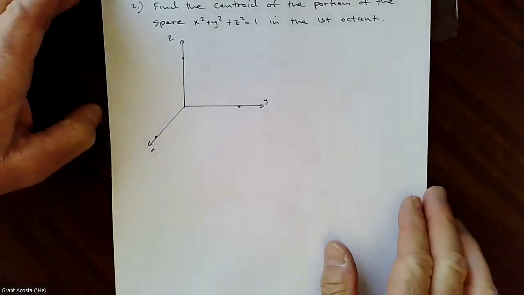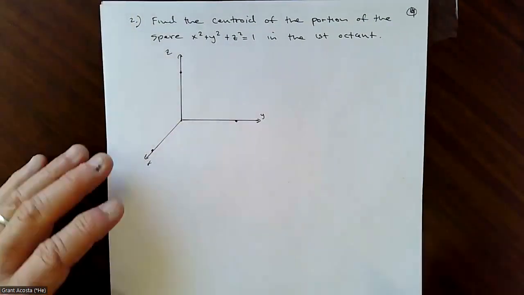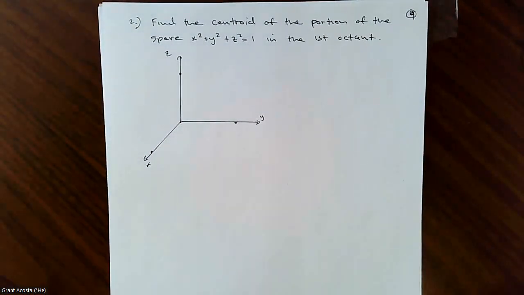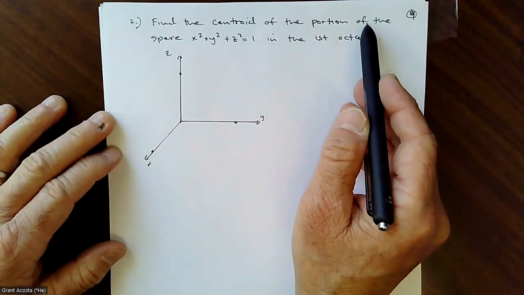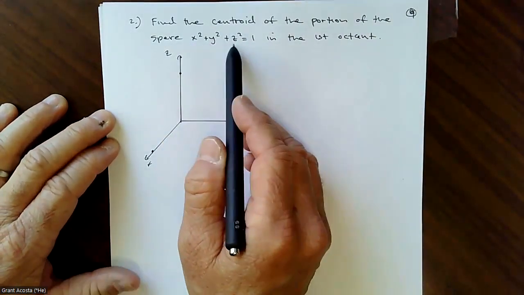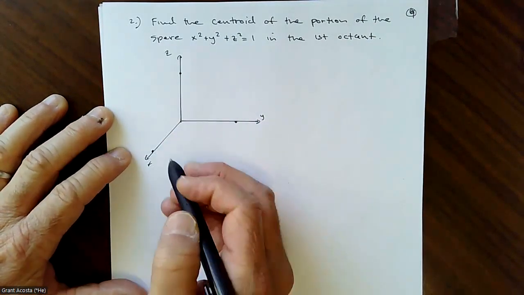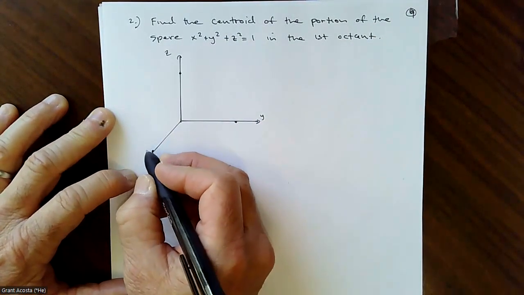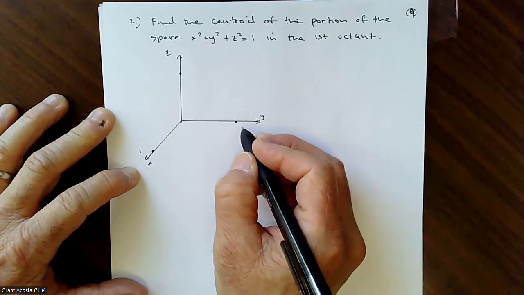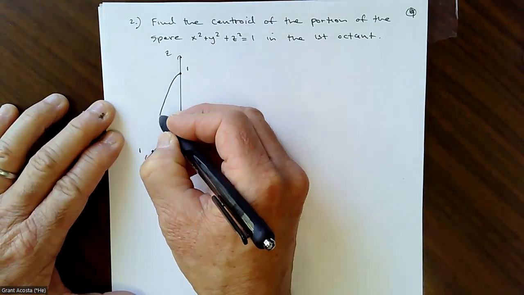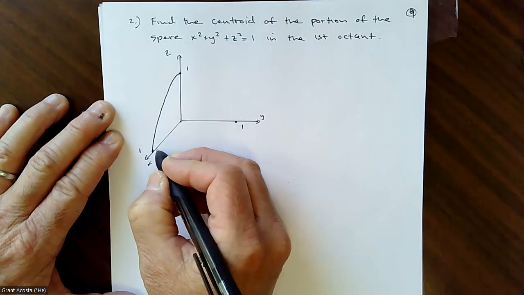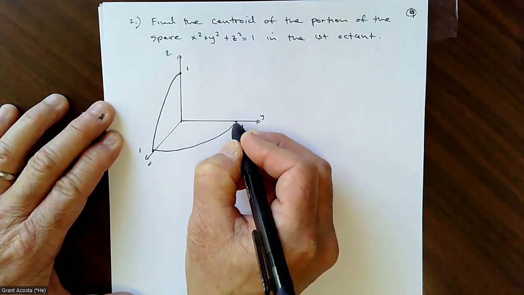Okay, one more problem here, continuing on one of the more recent topics, finding centroids. Here we're going to find the centroid of the portion of the unit sphere in the first octant. This sphere has a radius of 1, so it intersects the x-axis at 1, y-axis at 1, z-axis at 1, and it's just the portion in the first octant, so it might look something like this.